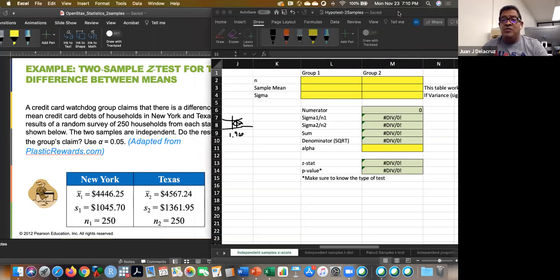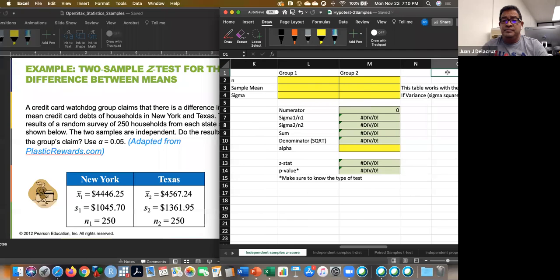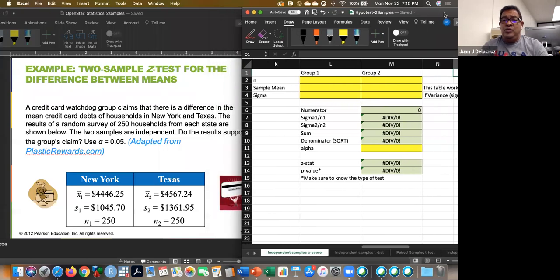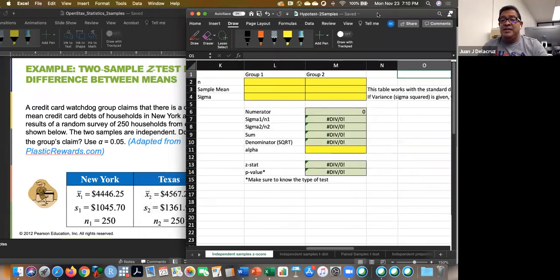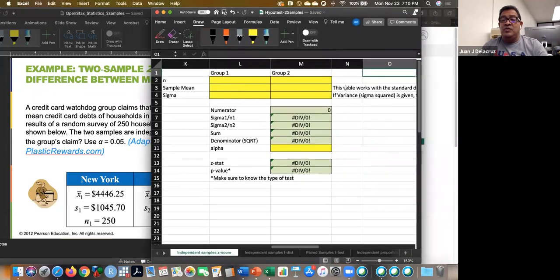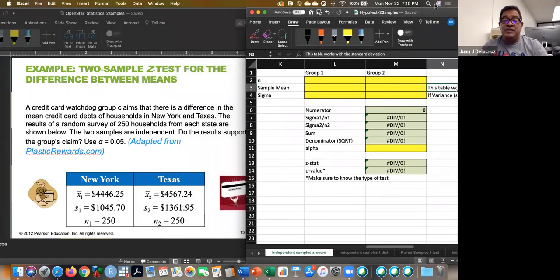So let's see how we can do this. I made a note here that we can use the variance of the population or the variance of the sample depending on what we are doing. And here this table works with the standard deviation. Okay, so that's what I wanted to say.